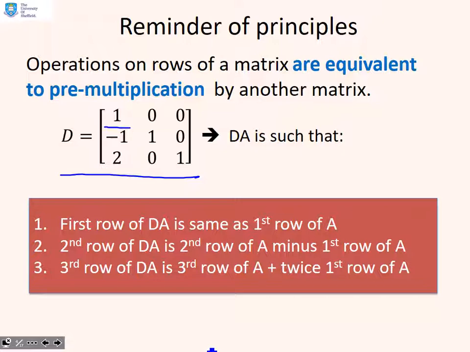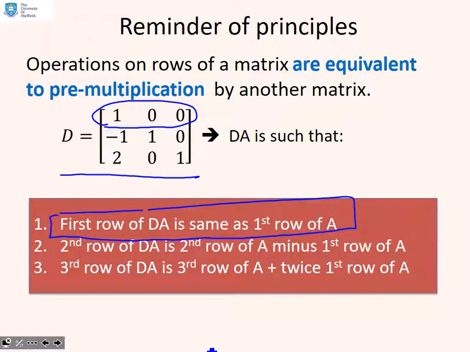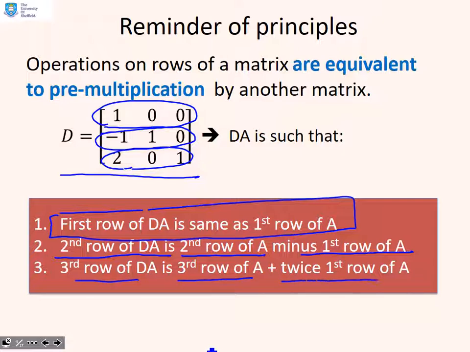You'll see if I multiply A on the left by D, whose first row is 1, 0, 0, then the first row of DA is going to be the same as the first row of A. If I look at the second row of D, which is minus 1, 1, 0, then the second row of DA is going to be the second row of A minus the first row of A. And finally, the third row, 2, 0, 1, says that the third row of DA is the third row of A plus twice the first row of A.